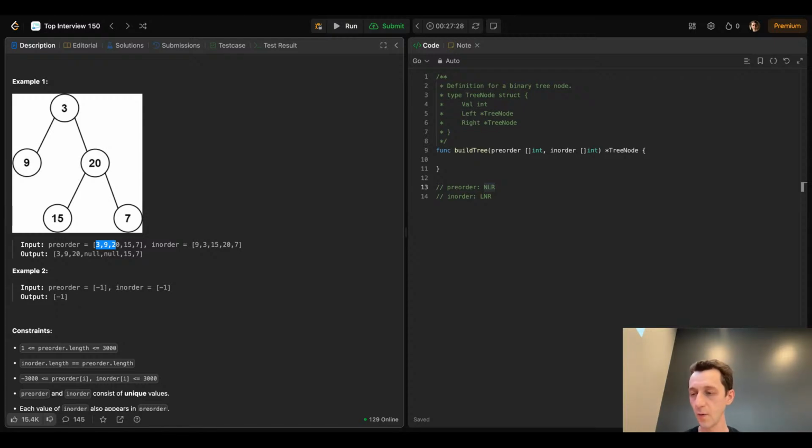So it will start with the node and then go to its left child and then give its right child. So it prints node, then it prints left and prints right.